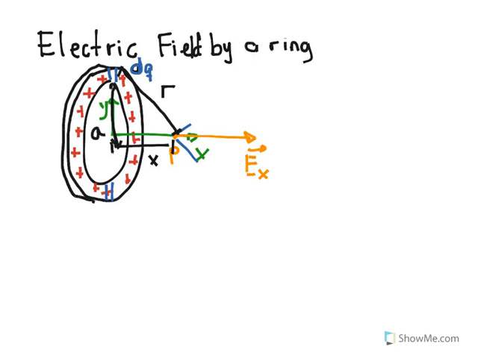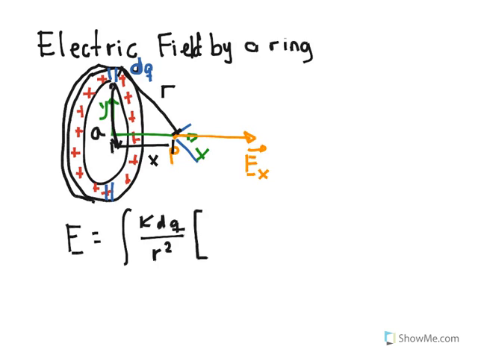Since it's a continuous distribution, we take the integral of the electric field, which is the integral of k dq over r squared, times the unit vector, which is the direction.